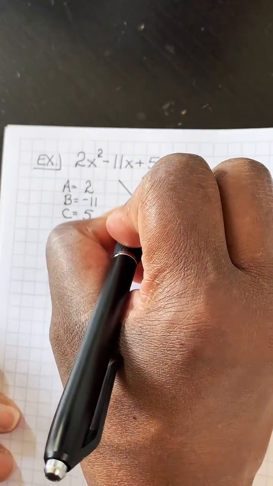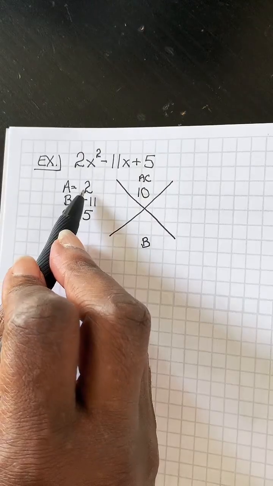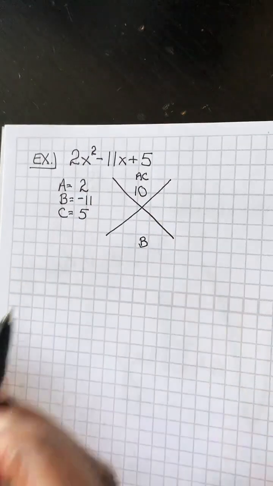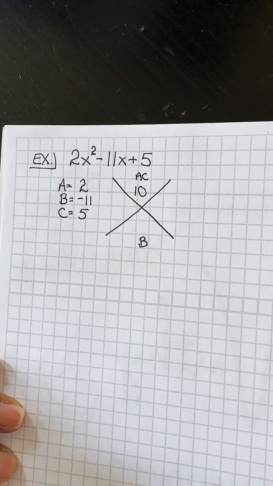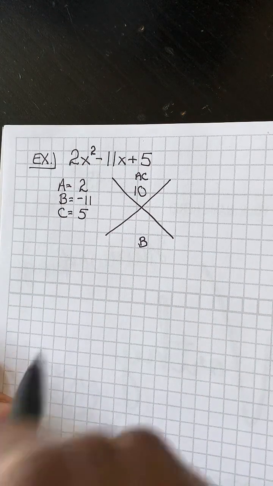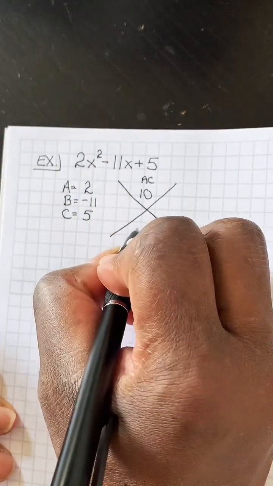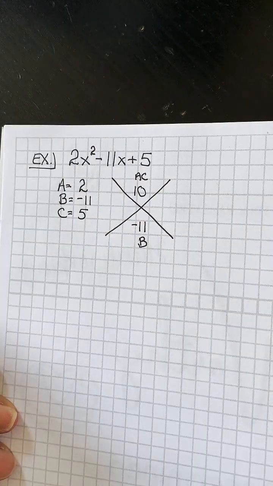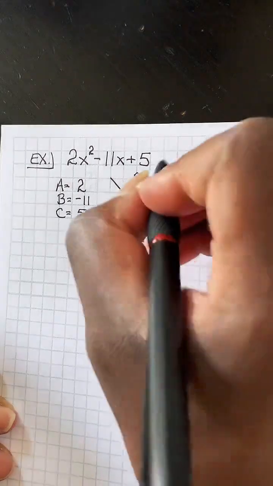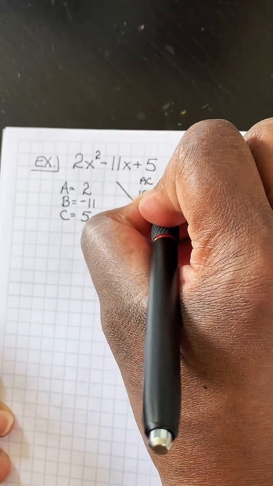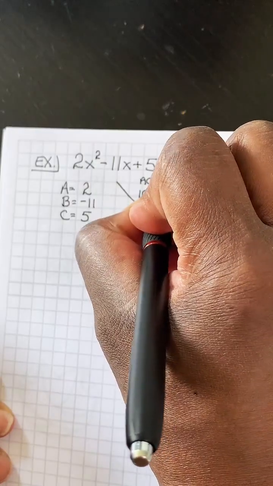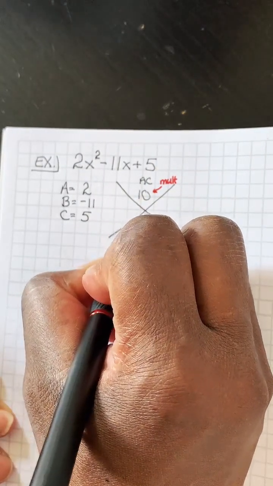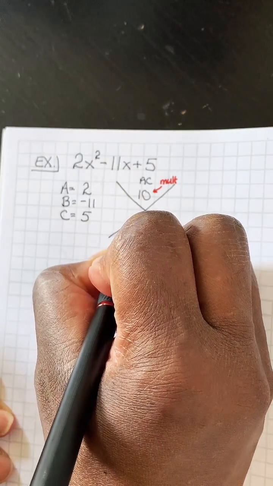We just multiply the A, which was 2, times the 5, that's where the 10 is coming from. CM 10, good. Lapita 10, awesome. Then we're going to rewrite our B, which is a negative 11. Now we just need to know what two numbers multiply to give me 10 and add to give me negative 11.